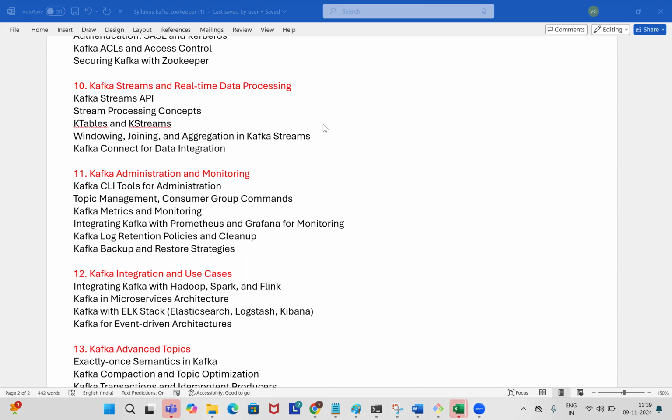Is anyone working in DevOps here? Avinod, yes. Okay, so now one question. If anyone is working in DevOps, definitely they know Docker running in Kubernetes, right? Is there any architecture related to Kubernetes for Kafka Zookeeper?